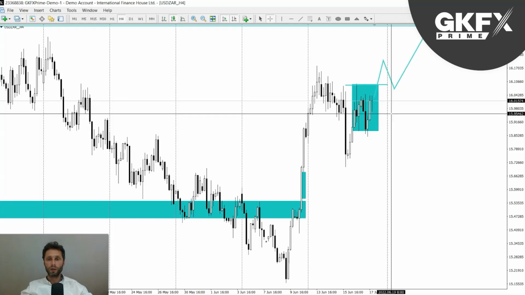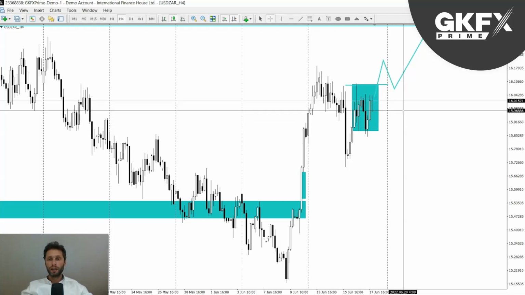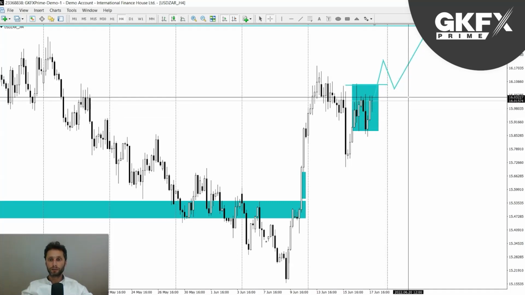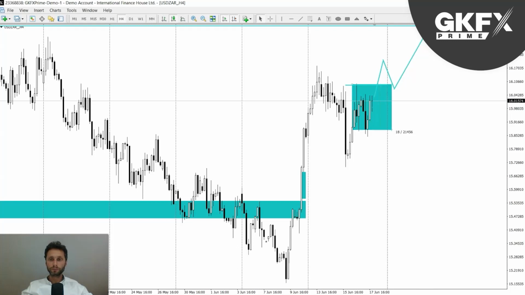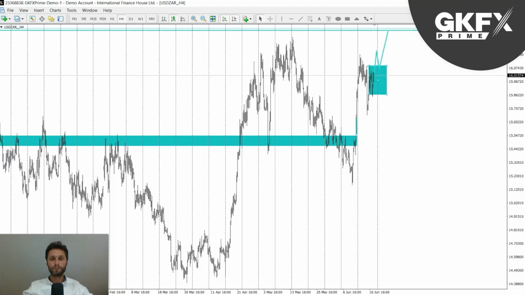We may also have a bit more consolidation here, a bit more sideways movement, and if that's the case, then a breakout higher after it creates a lot of sideways ranging movement. If it does that, that means the market is setting up for a bigger move, and I would like to see a nice breakout of that range.